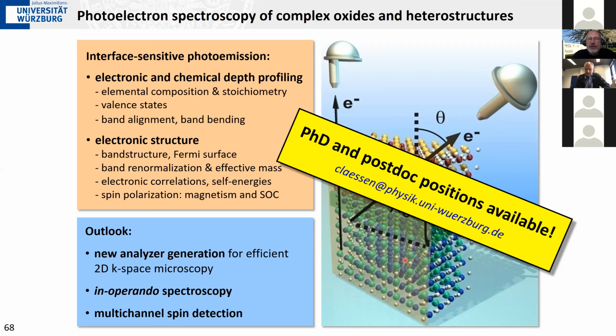What are the temperatures? The surprising thing is that we do these experiments with cooled samples. We do this at typically 50 Kelvin. If you look at bare STO, the oxygen atoms do not have to diffuse very far, so that's not a problem because then everything happens at the very surface.